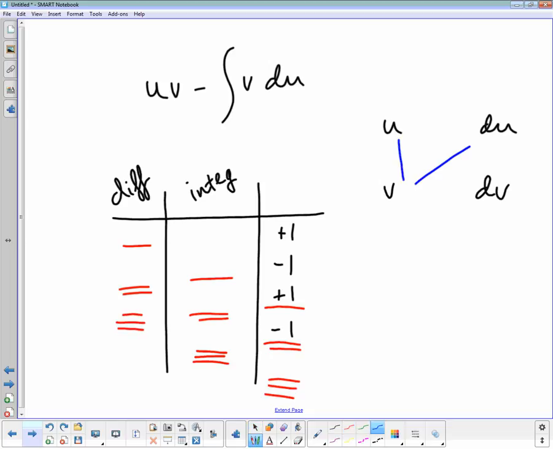So we have something here, here, here. That's the whole basic idea: looking at the red lines, you can see what things get grouped together. We differentiate over and over, we integrate over and over, and we combine all of my terms.